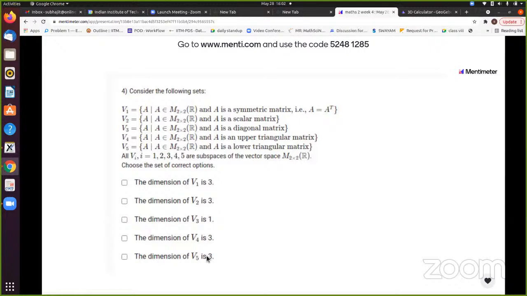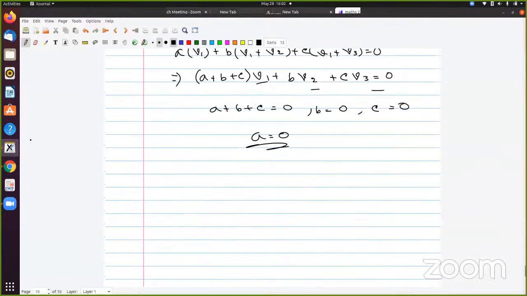What is the dimension? For the first case I am doing it, the rest you will do. We are talking about 2 cross 2. So V is the set of matrices A from M2 cross 2 of R such that A equals A transpose, that is a symmetric matrix.